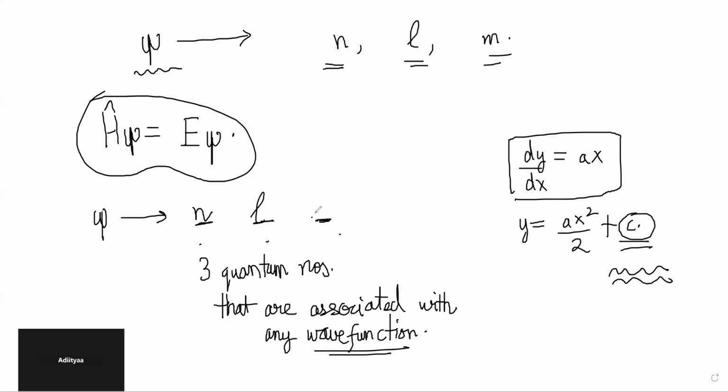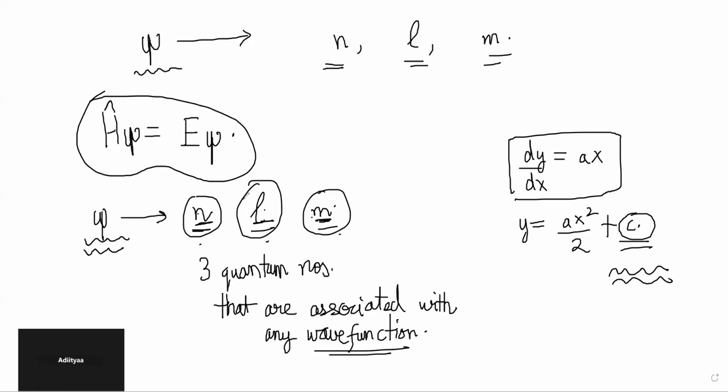N, L, and M. Principal, azimuthal, and magnetic quantum numbers, right? These quantum numbers are being used to give the name to this wave function, because it is very difficult to keep track of actual mathematical functions because they are complicated. People have started naming the psi orbital using these only, right?